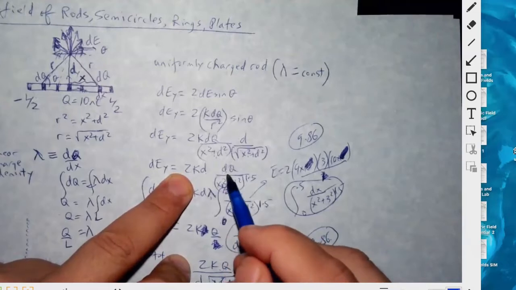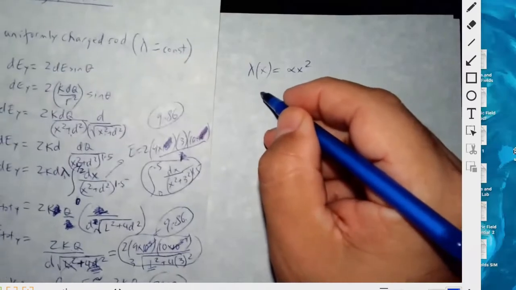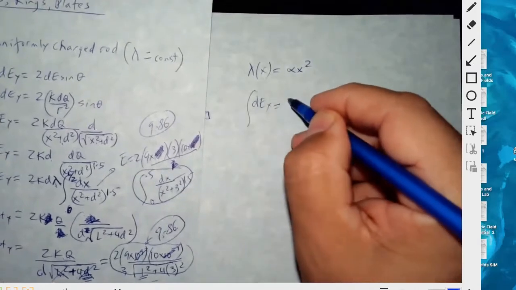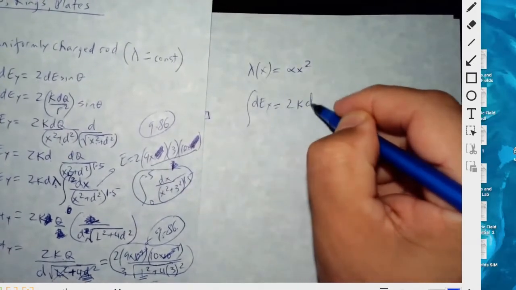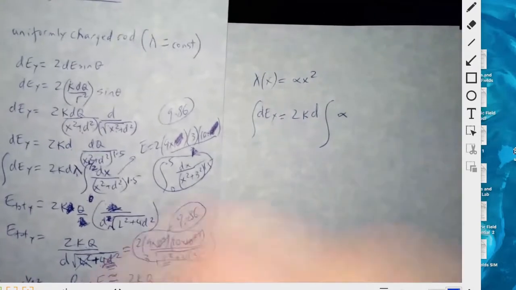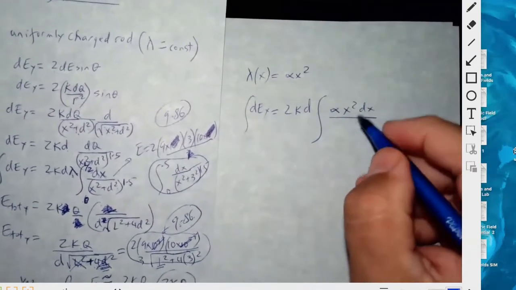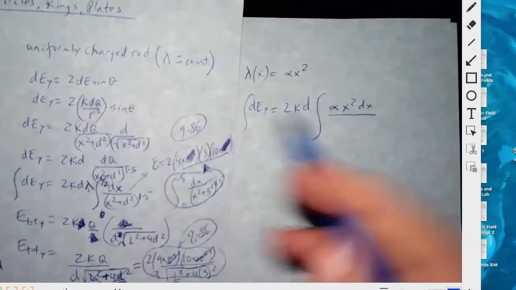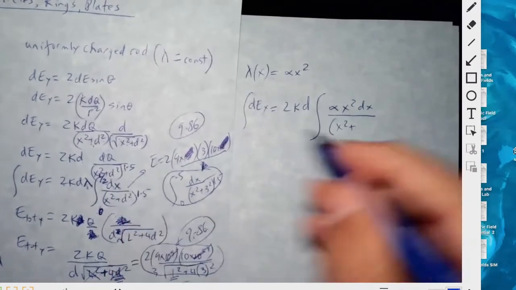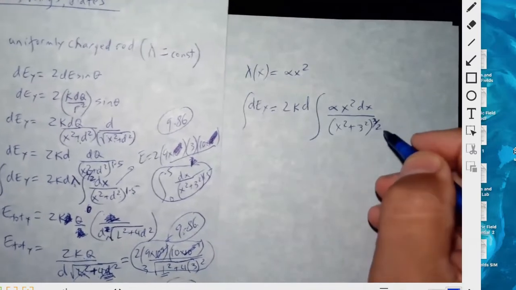d dq, and dq is going to be lambda dx. So I'm going to follow that portion: 2k d, and then lambda will stay in the integral, alpha x squared dx over x squared plus, and if I'm 3 meters away, then 3 squared to the 1/2 power, right?